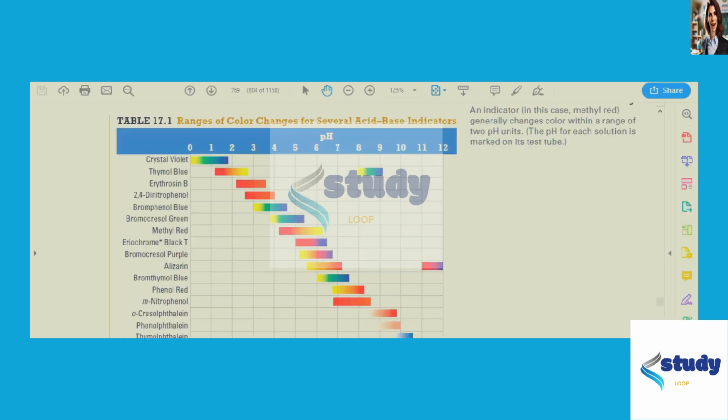If we go back to the chart, we can see that for pH 11, alizarin yellow R is the indicator that changes color around pH 11. So for the titration of HCN with a strong base, we'll have to use the indicator alizarin yellow R.